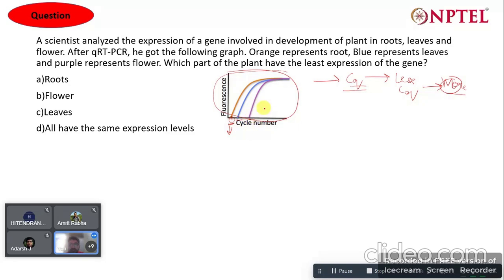So the least expression will be with the high Cq sample. This orange line shows less Cq, followed by this blue, followed by this purple. So the purple line has less expression of that gene, and that's why its Cq is more. So the gene that has the least expression is in flowers.